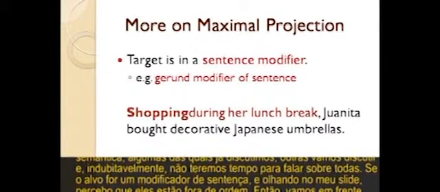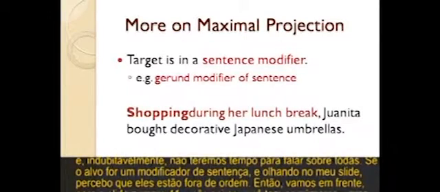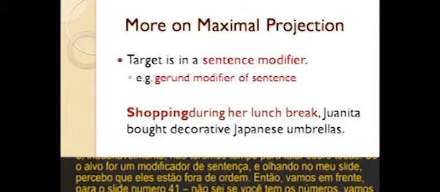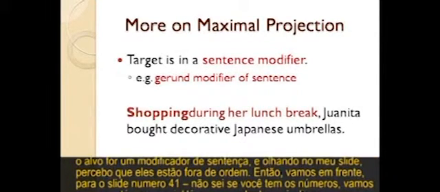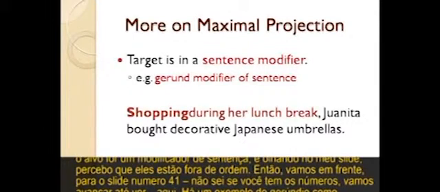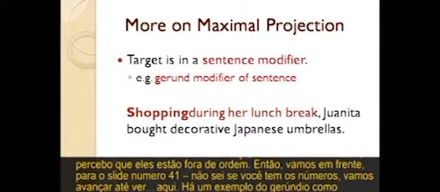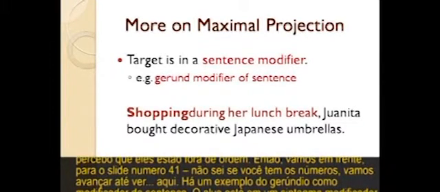I don't know if you have the numbers, so advance until you see. So here's an example of the target as a gerund modifier of the sentence, right? So the target is in a modification phrase in the sentence, right?